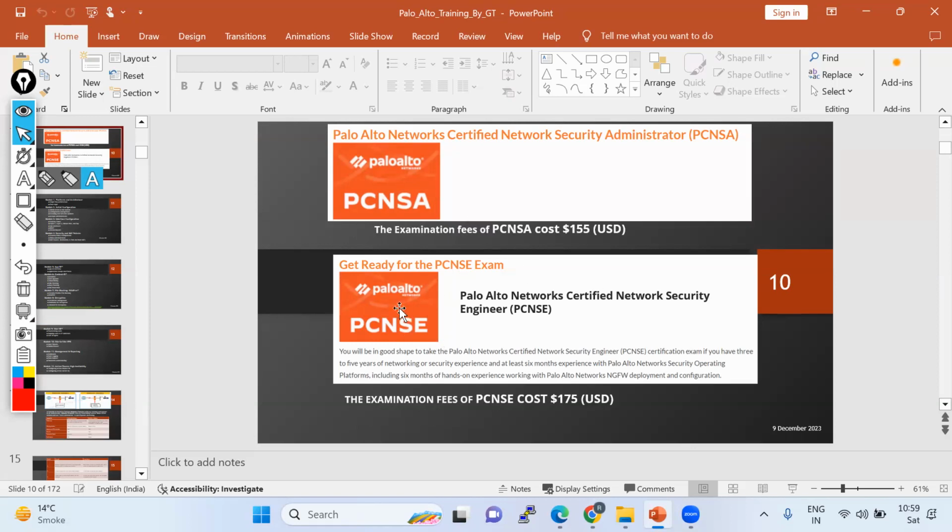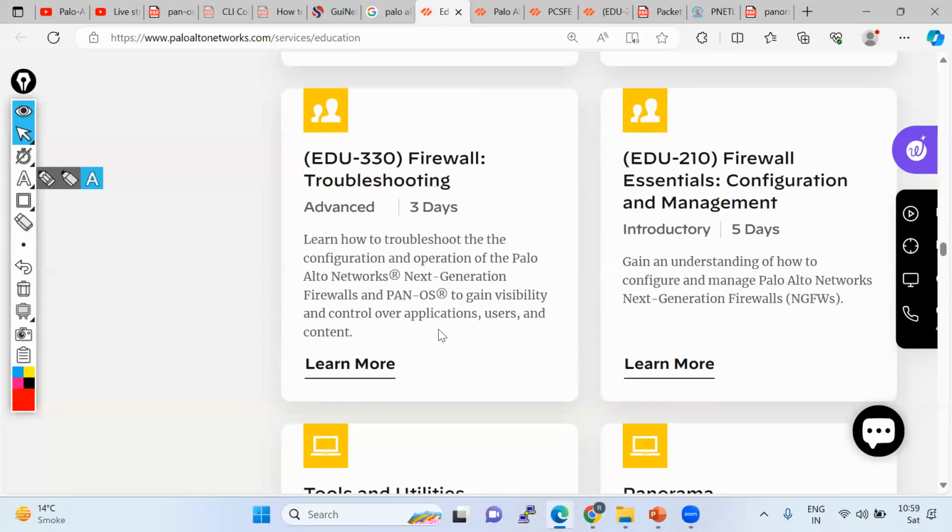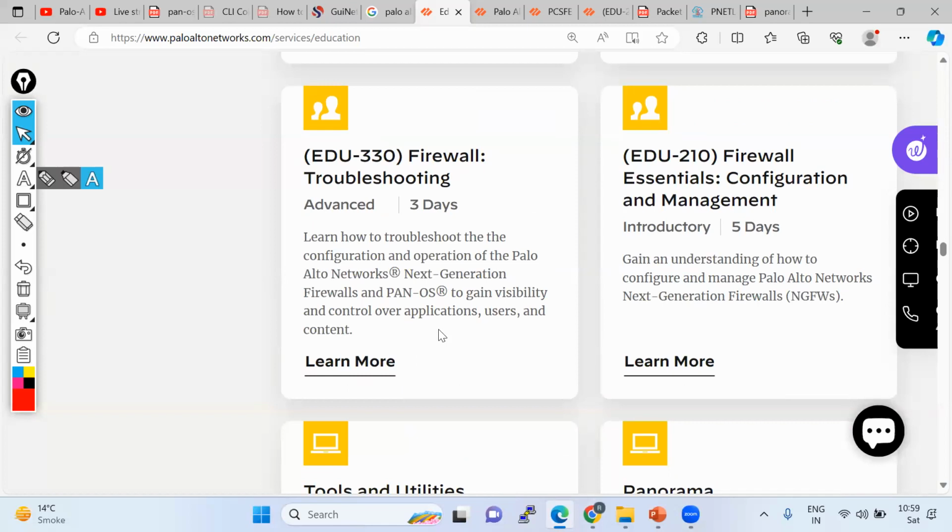So directly go for the PCNSE, and you can save about $155 US dollars. No need to go first for the PCNSA. You can directly book the PCNSE exam and clear it, then write this certification on your CV, and then you start getting a lot of calls in the market, right? All of this is aligned with the Palo Alto official website.